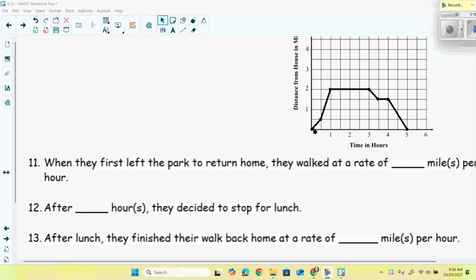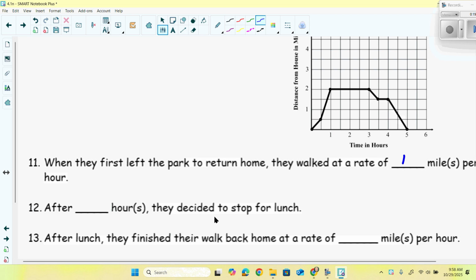I have another slide here of the same, it's still the same situation. So when they first left the park to return home, so they're leaving the park to go home here, they walked at a rate of whatever this is. So this looks like it took them a half an hour and they went a half a mile. So that's again 1 mile per hour.